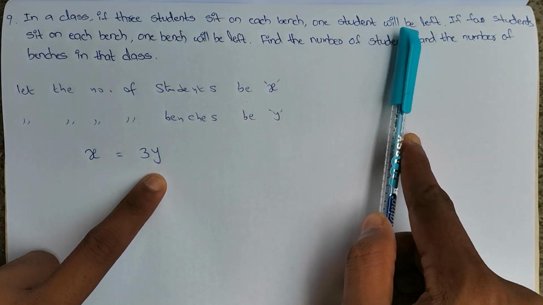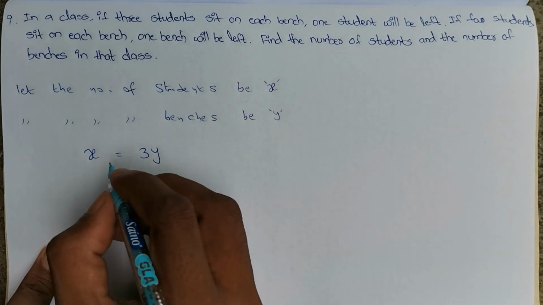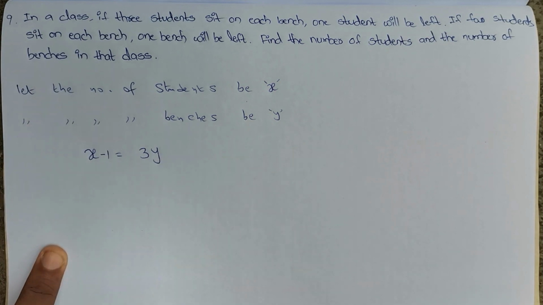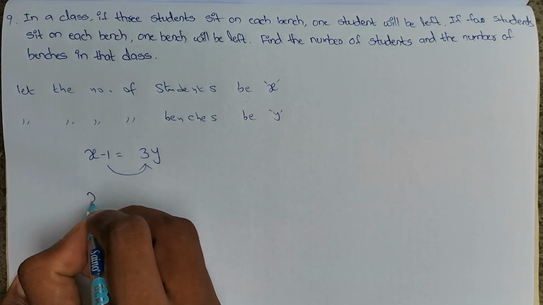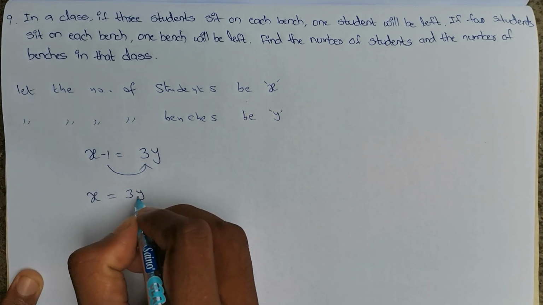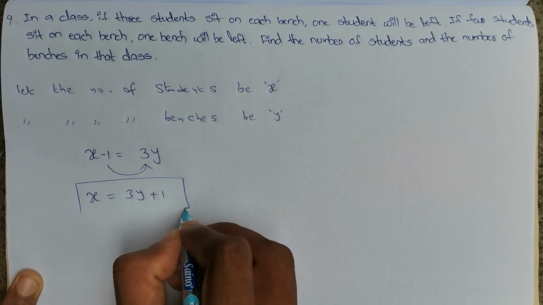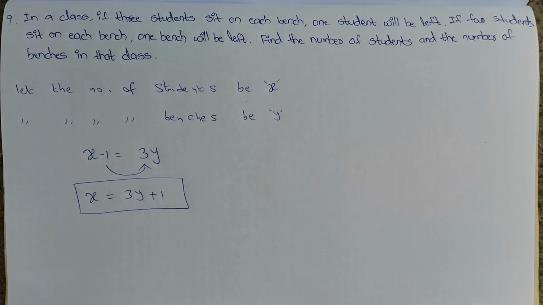One student will be left. A student is left, so minus 1. x minus 1 equals 3y. Now this minus 1 I will take to the right side. So we will get x equals 3y plus 1. This is equation 1.